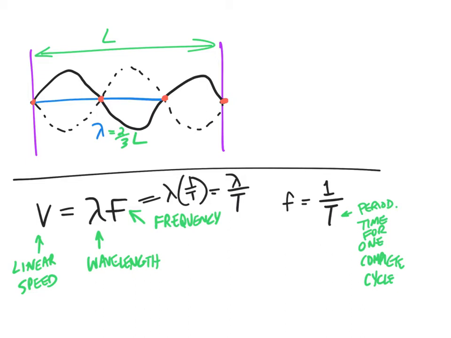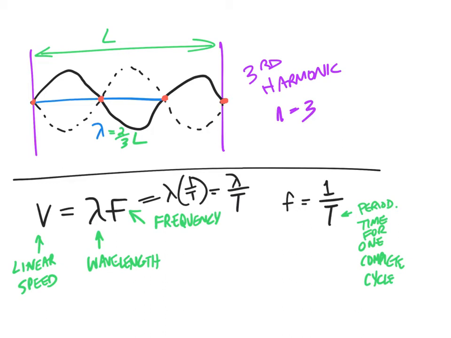So the pictures, it was 2 half wavelengths out of 3 possible half wavelengths. It's the third harmonic, where n equals 3.